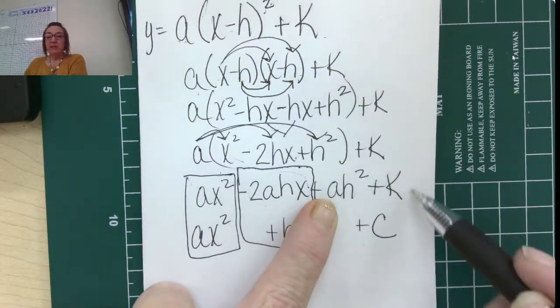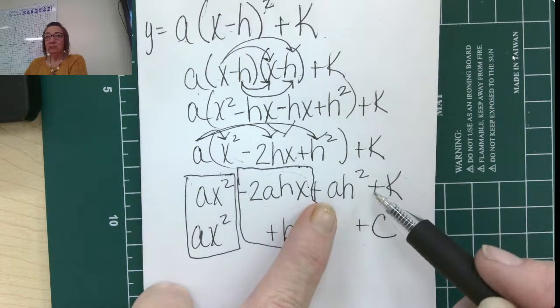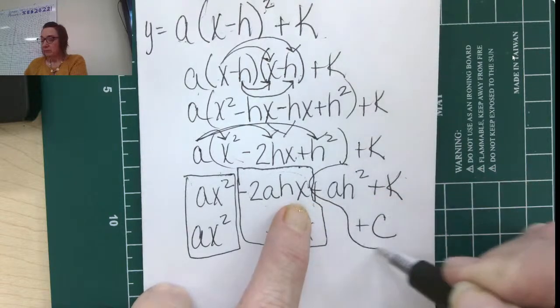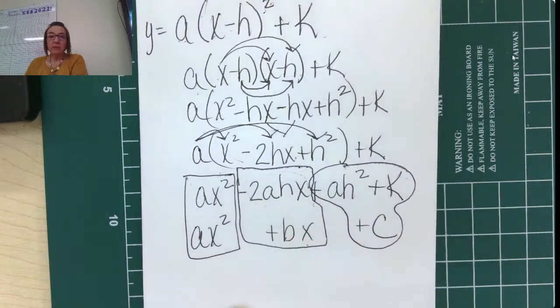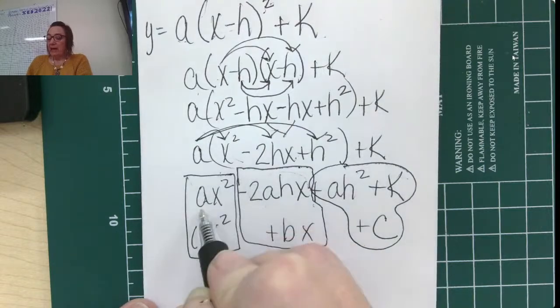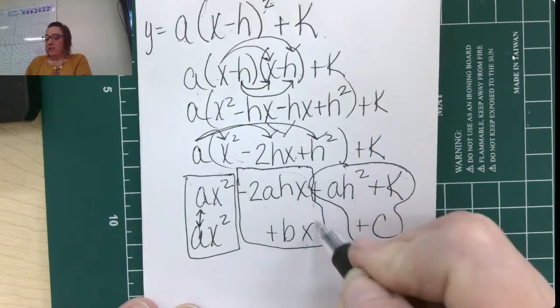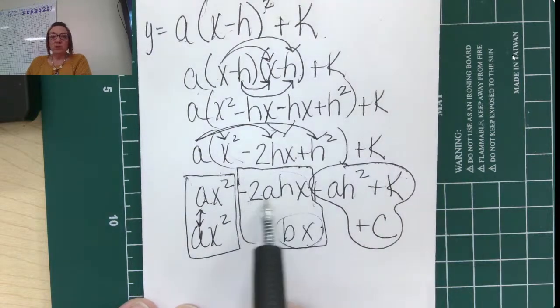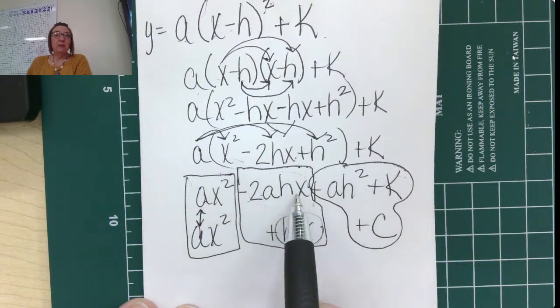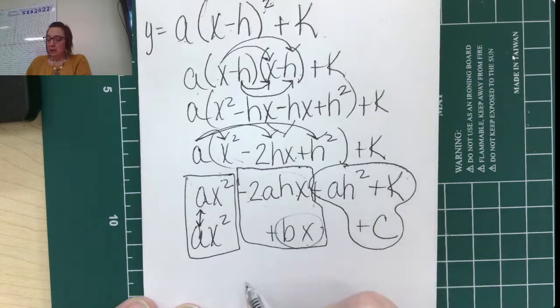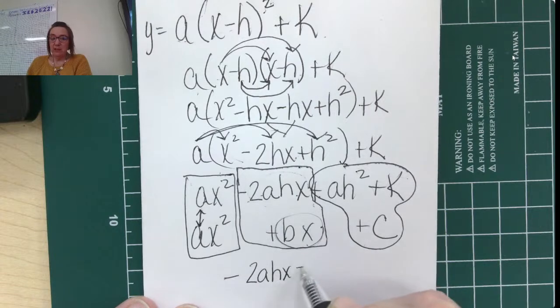And then this term doesn't have any x's at all? The a and the a are the same in both equations. Ax squared is the same thing. This bx is equal to negative 2 times a times h times x.